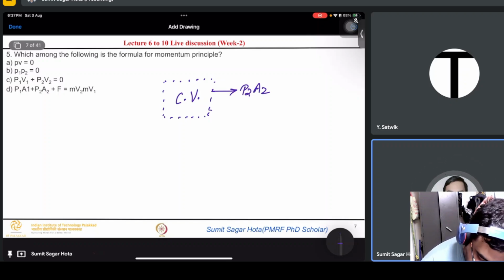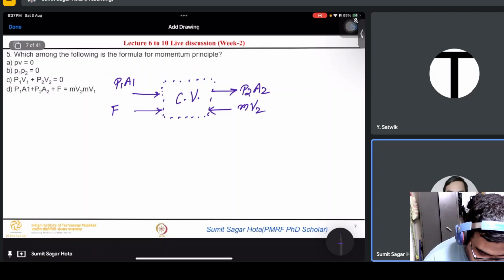So P2A2, mv2, and again P1A1, and this is your force term. Always the mass term tries to compress the system, and pressure and force are always in one direction. That's actually a trick to know: the pressure and force terms are always opposite to the mass times velocity, or momentum, term.